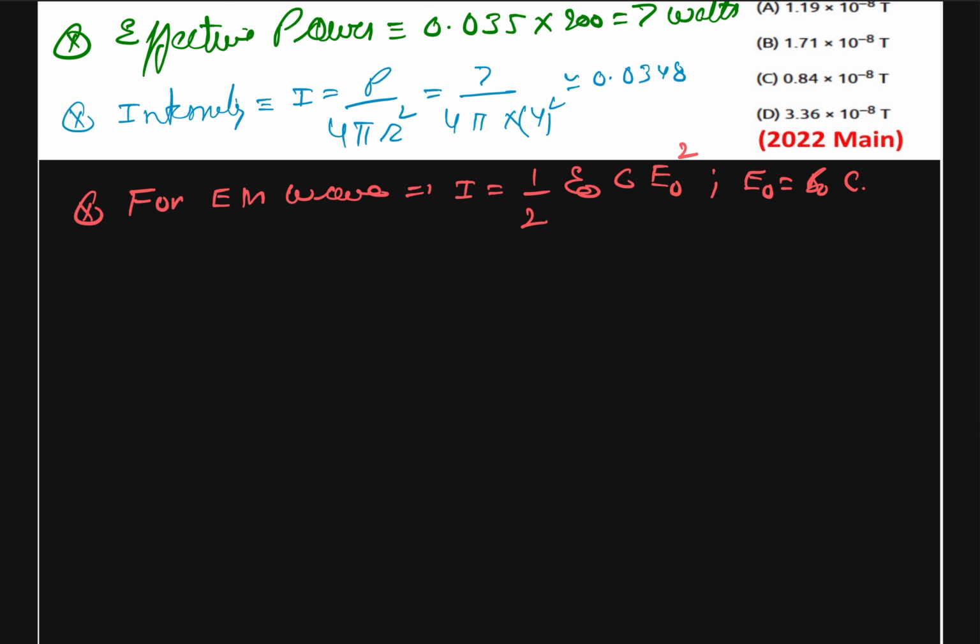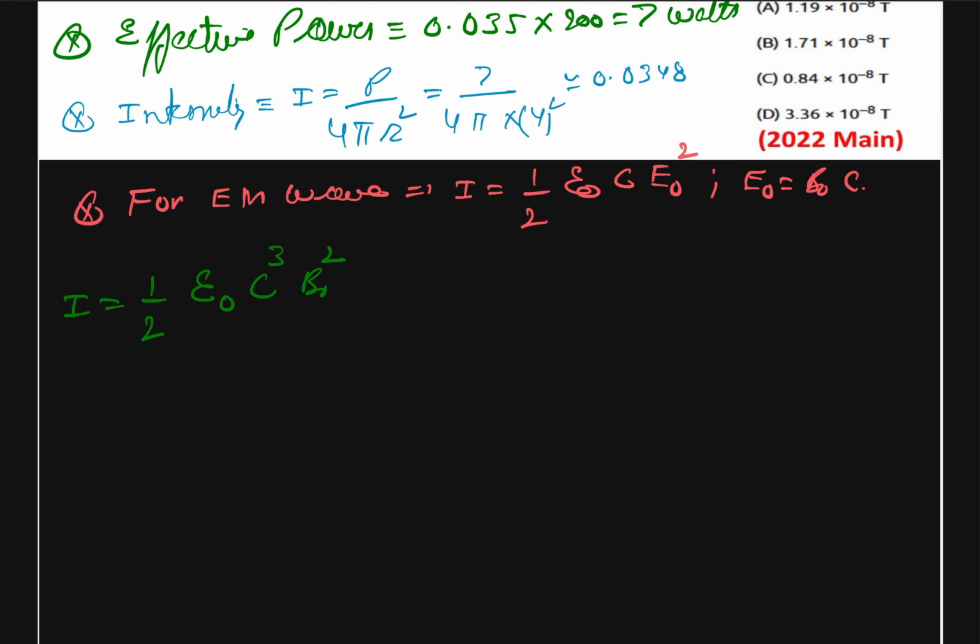Therefore we can write that intensity I will be equal to 1 by 2 epsilon naught c cube, times B naught square.